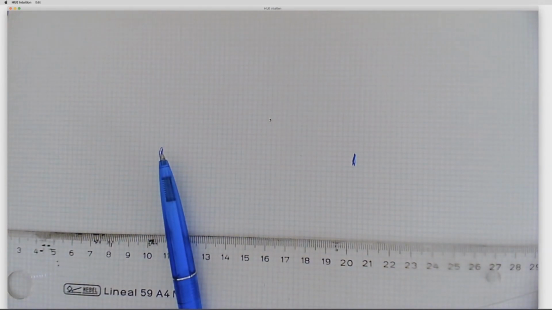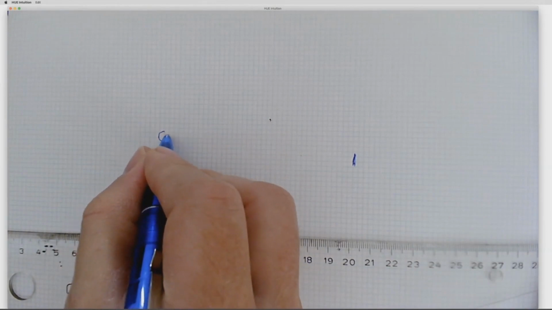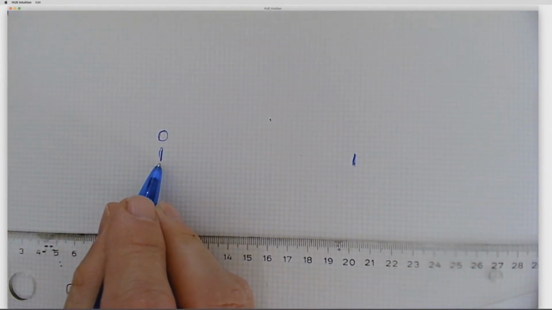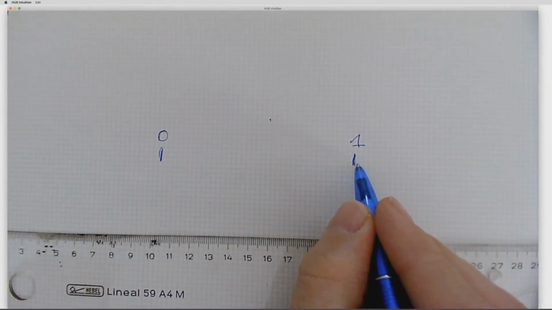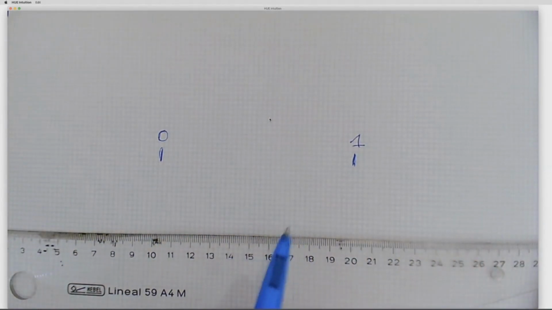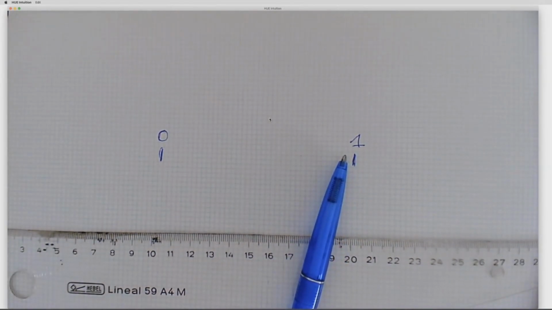So it may well be that I'm just interested in whether the pen is in position 1 or in position 2, or better, in the digital world, I may give this position a name 0 and this position here a name 1. And if I move in between, that's fine. Eventually, I'm going to land on one of them and stay there.